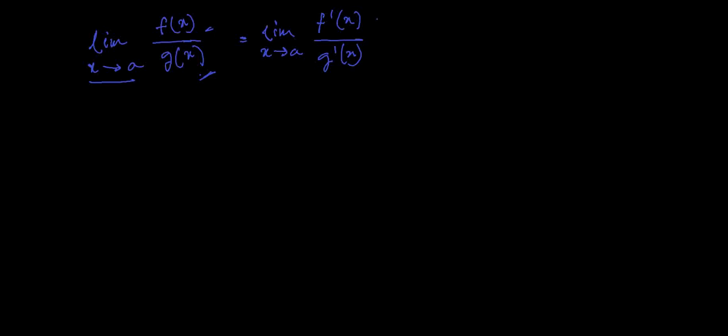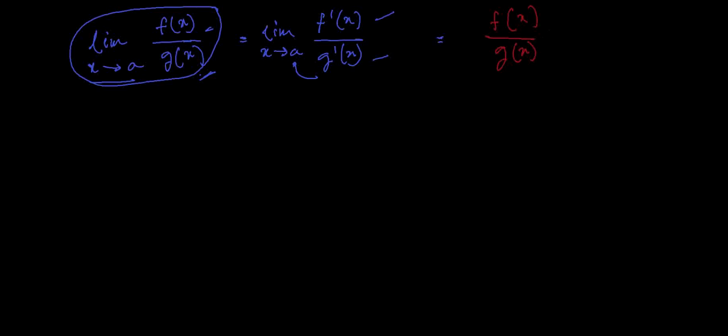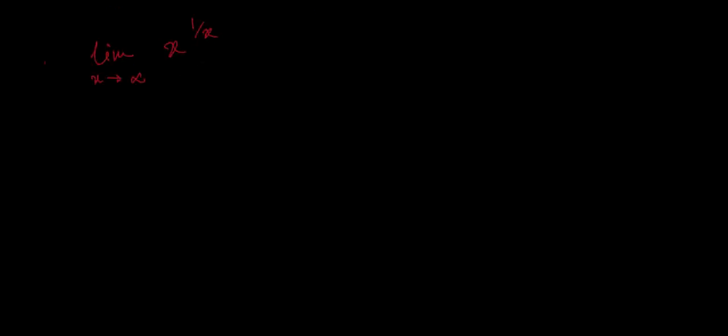So we are basically taking the derivative of f of x and g of x, then substituting the value of x with a, and whatever limit we get is the limit of this expression. But in order to use L'Hopital's rule, we have to have the expression in the form of f of x divided by g of x, so that we can take the derivative of the numerator and the derivative of the denominator.